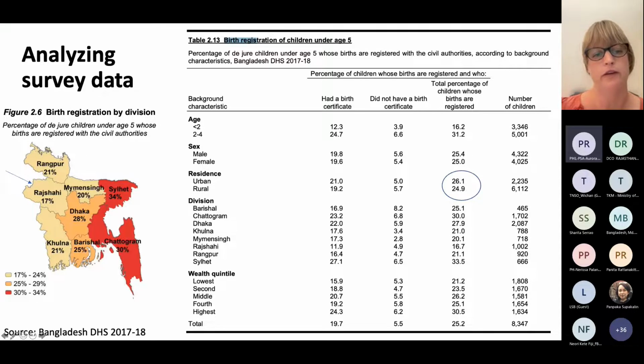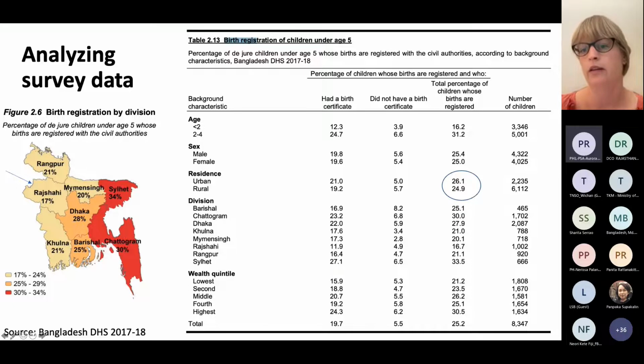So while Sylhet is still low, probably barely more than 1 in 3 children, this is the lowest in the country. So something is going on here, that probably people are even more disadvantaged. I am by no means an expert in Bangladesh. I'm not sure about the geography or the situation. Maybe our colleagues could comment more. But I just wanted to point out some of the interesting things that I found in the table.